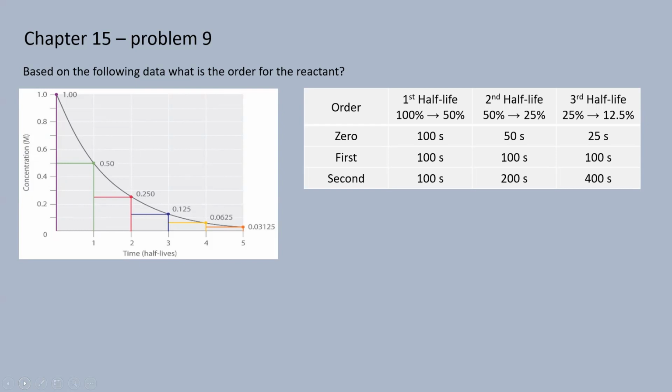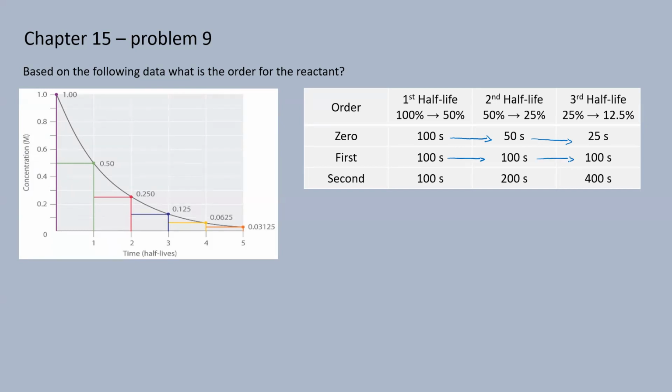If you look at zero order, the first half-life took 100 seconds, but the second half-life is 50 seconds, and then the third half-life is 25 seconds. So not only should we note that it's getting shorter, but it's also decreasing by 1/2. For first order, it takes 100 seconds for all three half-lives.